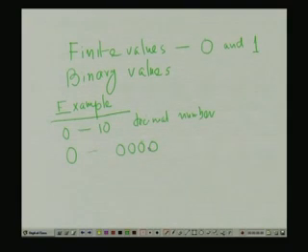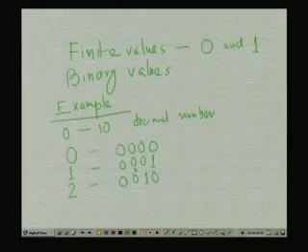So 0 means all 0s. 1 means 0001. Now, 2 means 0010. Actually, how we are getting these numbers we will read in the next class.